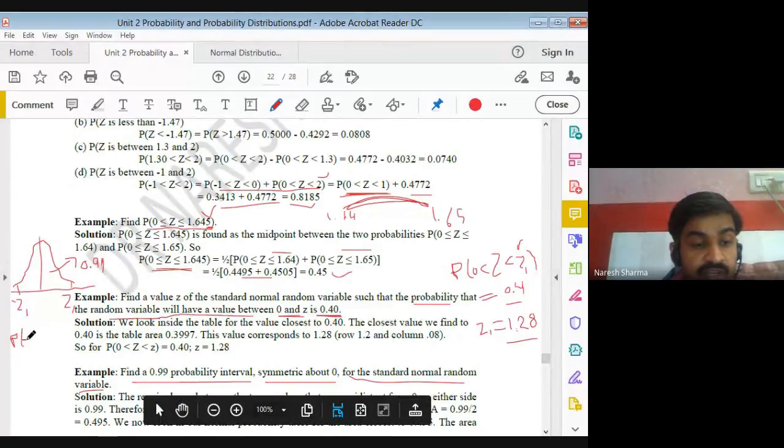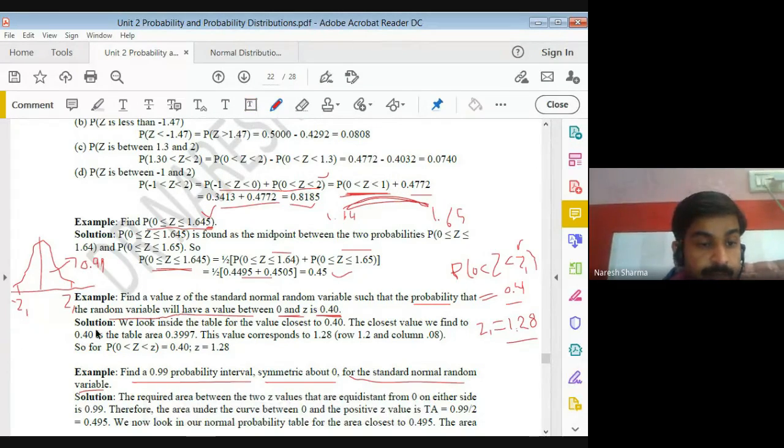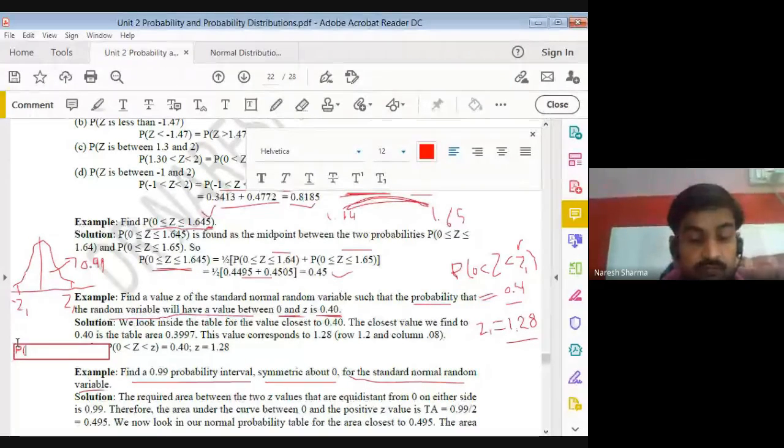This is P from minus z1 to z1, where we may write this as capital Z, right?